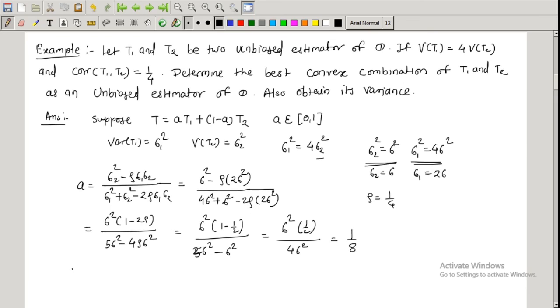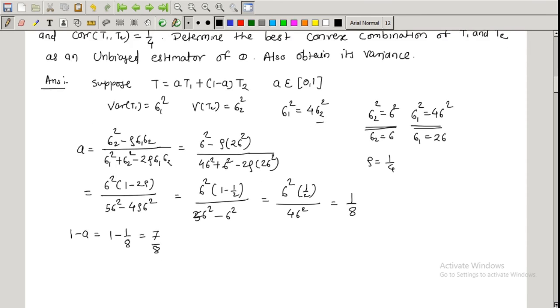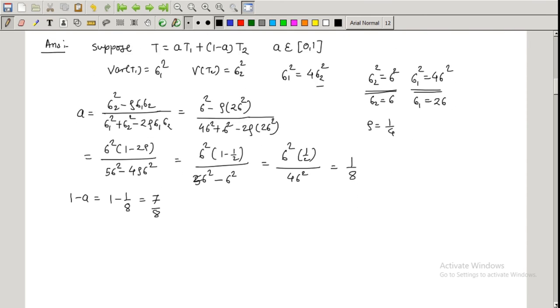So if A is 1 by 8, then 1 minus A is what? 1 minus 1 by 8, that is 7 by 8. Then the formula for T is, T is A into T1 plus 1 minus A into T2.